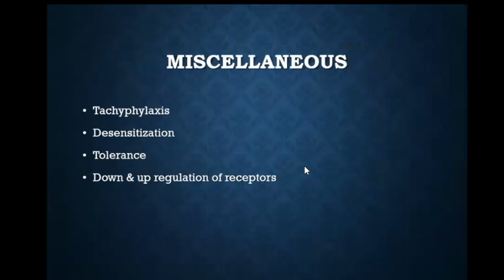Miscellaneous, this is for your own reading. So you have to know these terms as well. What is tachyphylaxis? Tachyphylaxis is when repetitive administration of a certain drug causes a reduced pharmacological response due to down regulation or exhaustion of your receptors, like ephedrine. You give it multiple times, the pharmacological effect comes down.